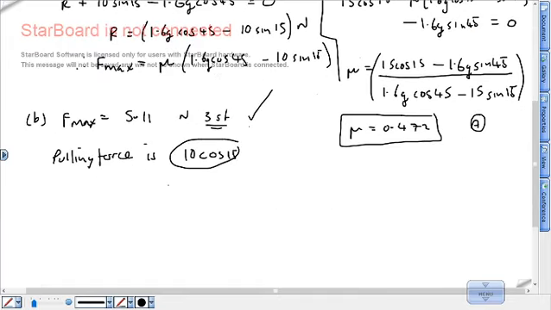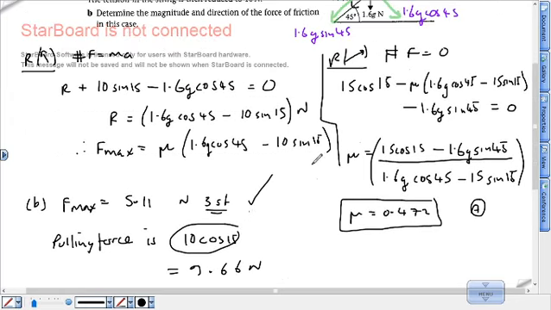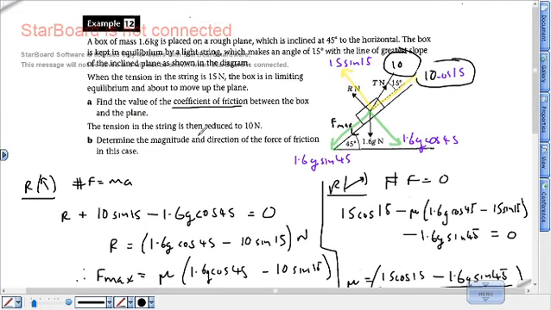So we're going to work that out. 10 cos 15 close brackets equals, and I get 9.66 newtons rounded to 3 sig fig. Right, so determine the magnitude and direction of the force of friction, if that's the case.